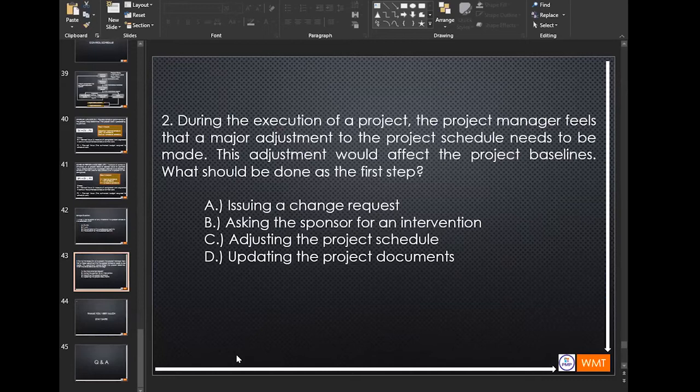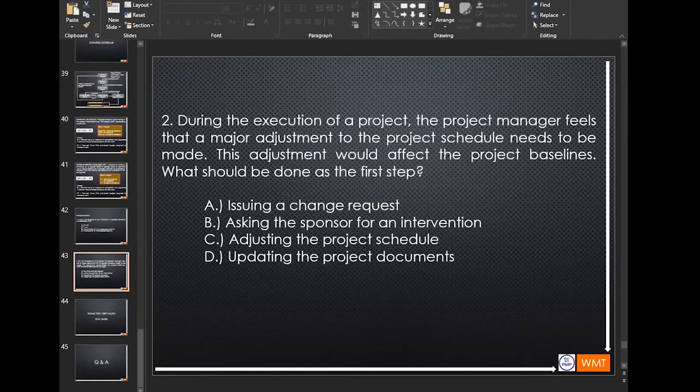These adjustments would affect the project baselines. What should be done as the first step? A, issuing a change request. B, asking the sponsor for an intervention. C, adjusting the project schedule. Or D, updating the project documents.